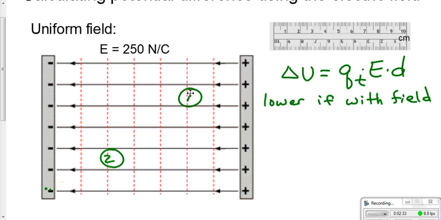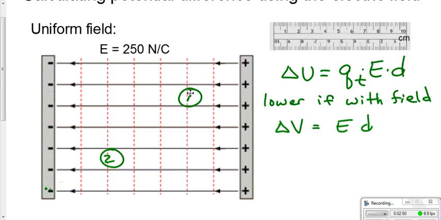Well, we define potential difference as just the potential energy difference per charge on our test charge. So we're just dividing out that Q, and we're going to get E and D left over.